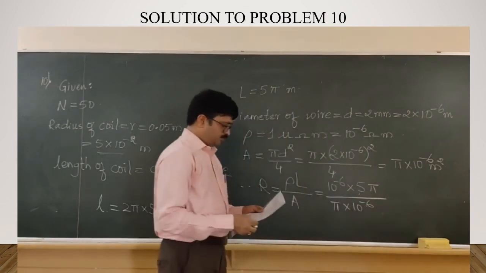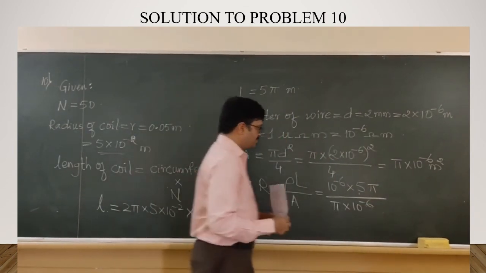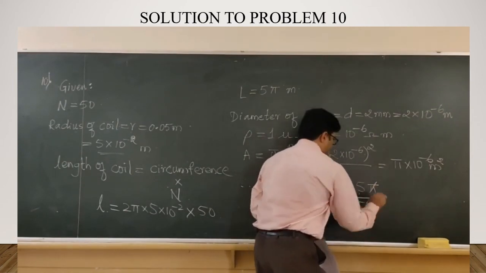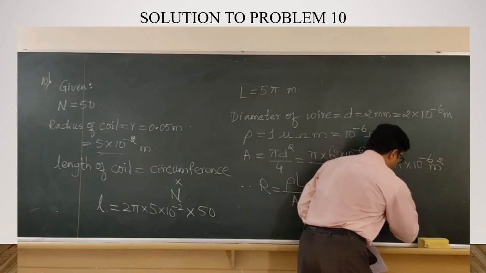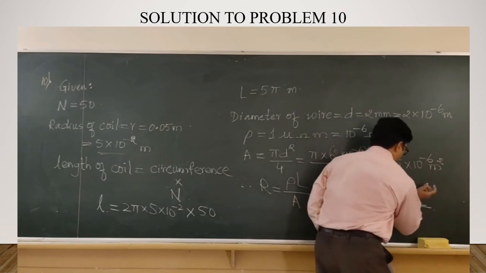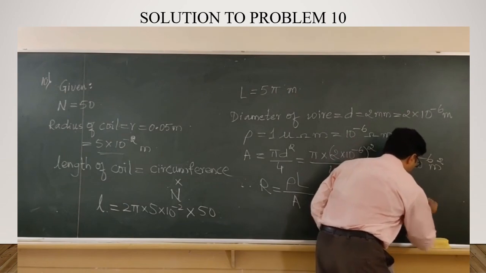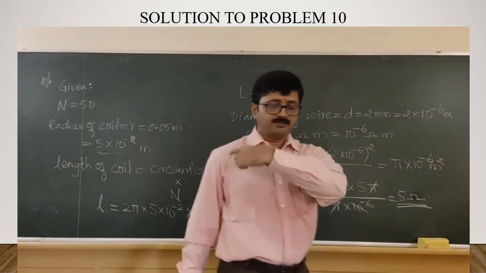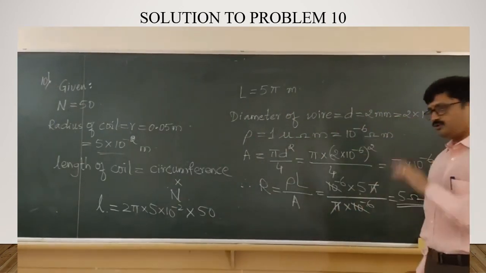Okay, so everything gets answered, and as you can notice here, you will get the answer as 5 ohm. 5 ohm is the answer that we are looking for. I hope this particular solution is clear to you all.